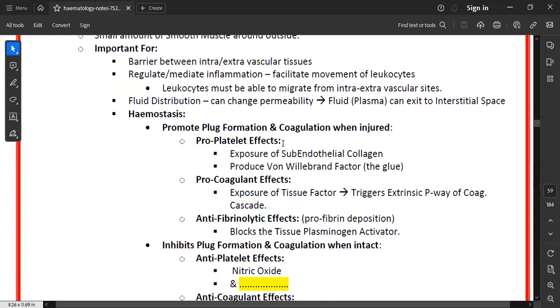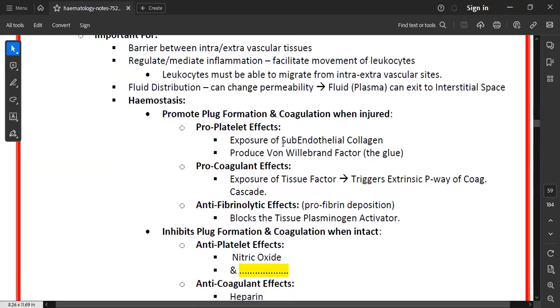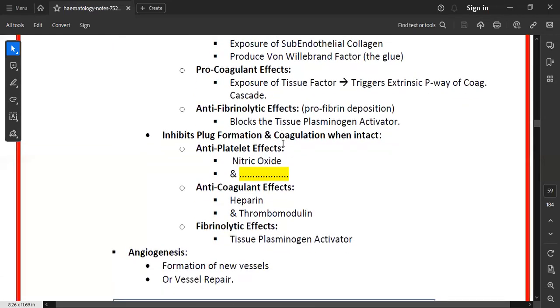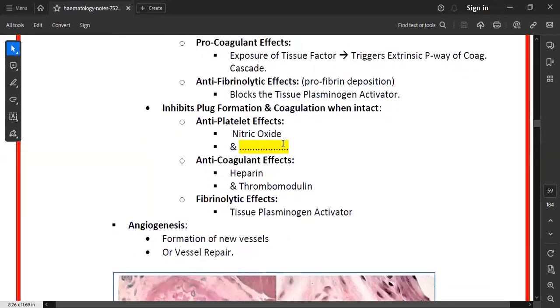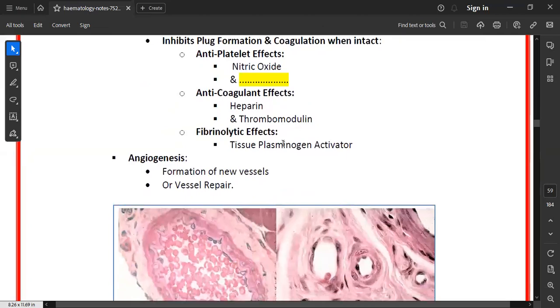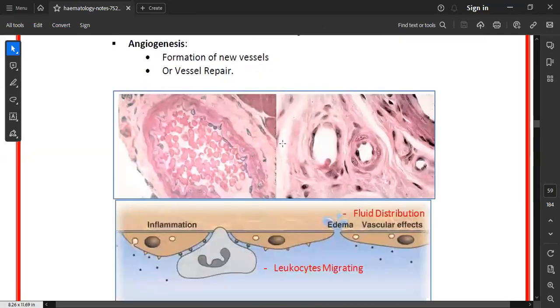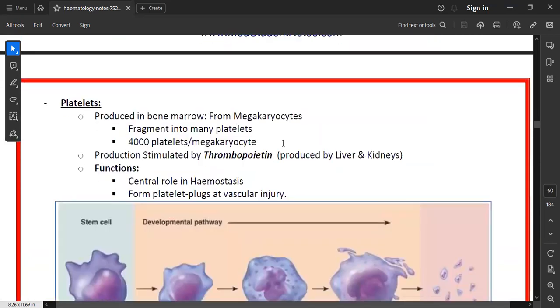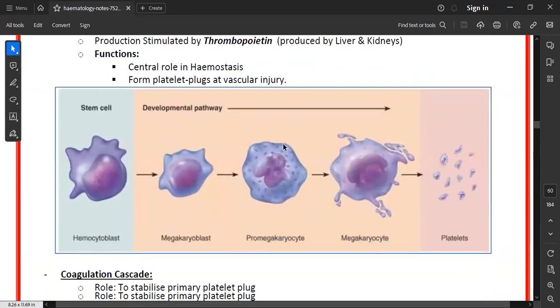Hemostasis is another important process. We've seen that when the vessel is broken, the collagen has its factor for activating platelets, and tissue factor is also released by the cells. Then there's also the process of angiogenesis, which is the formation of new vessels or repair. This one we did.